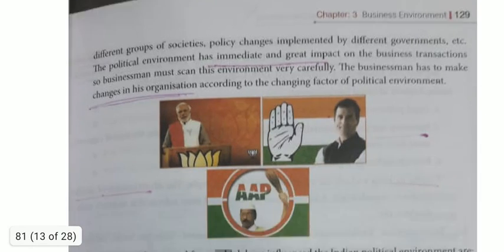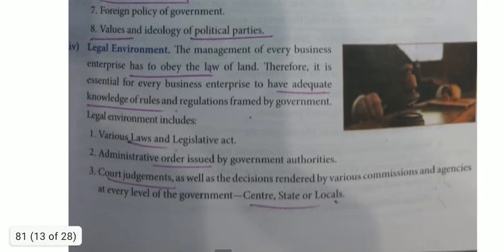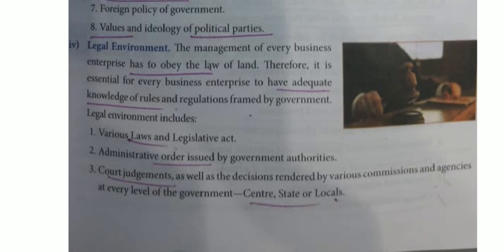There are other factors you can see here regarding the legal environment. It includes various laws and legislative acts. Secondly, administrative orders issued by government authorities. Thirdly, court judgments as well as decisions rendered by various commissions and agencies at every level of government, central, state or local, because all these have an effect on the legal environment of any country.